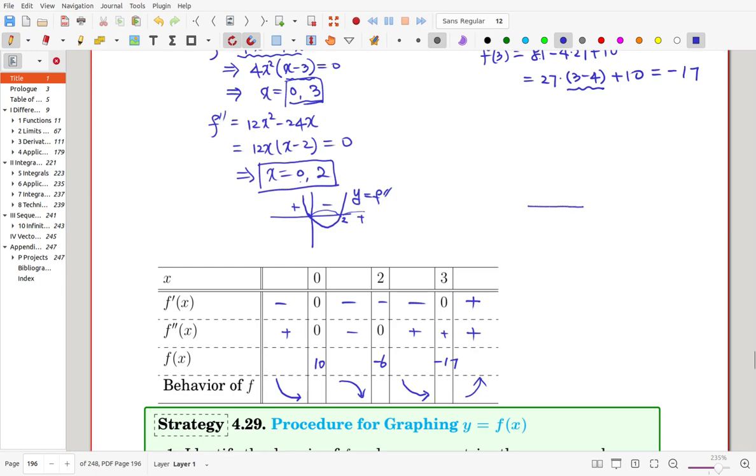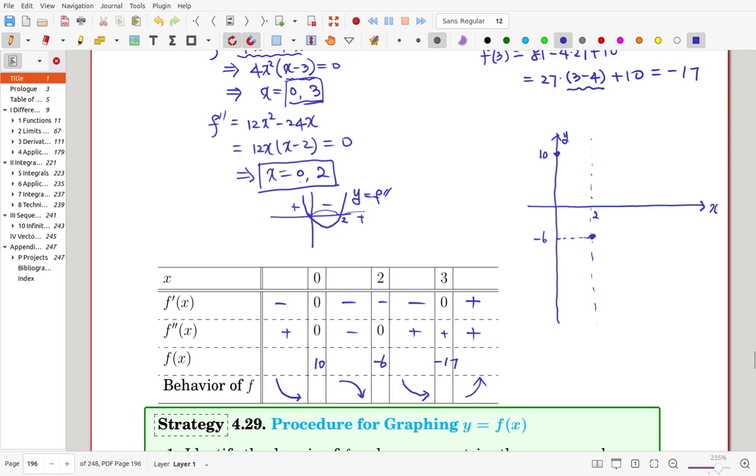Here we have the x and y coordinates. There's the y direction, and that is the x direction. At 0, the value is 10. Let's put here that is 10, so it is passing this point. At x equal 2, the value is minus 6.